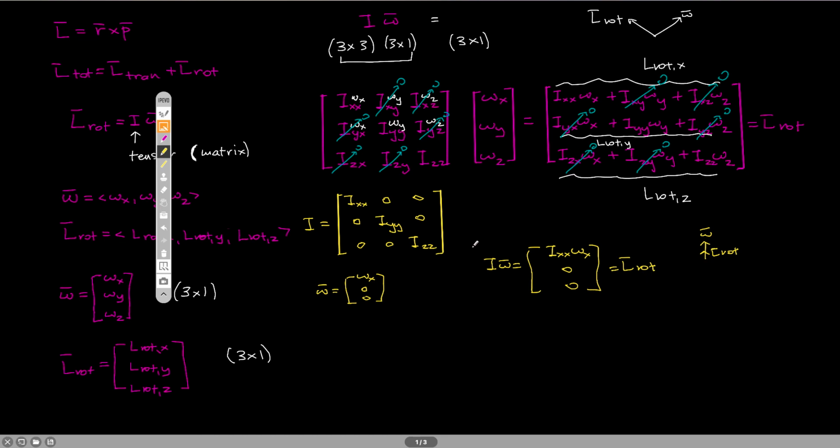The same is true if omega is 0, omega y, 0; you will find L rotational pointing in the y direction.